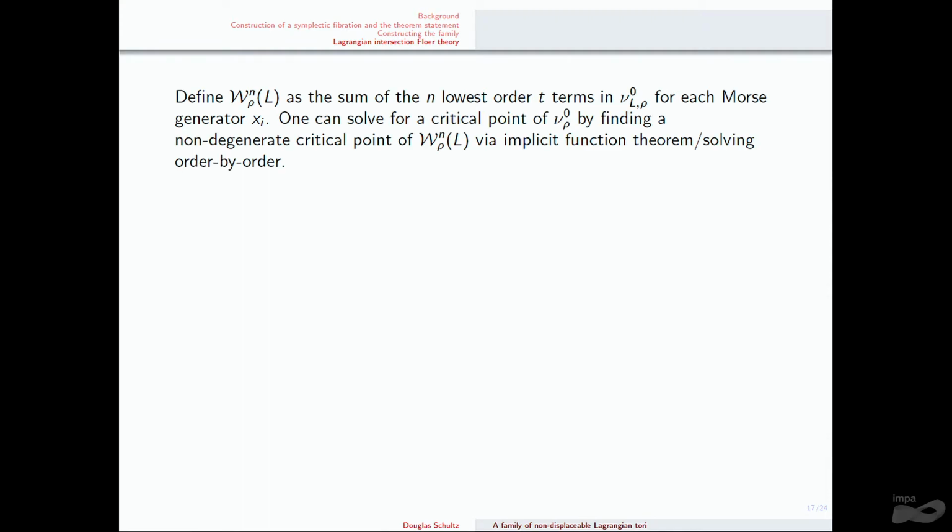And then you can solve for a critical point of the potential by considering some non-degenerate critical point of this leading order guy and applying an implicit function theorem argument, or just solving order by order up the chain of T.